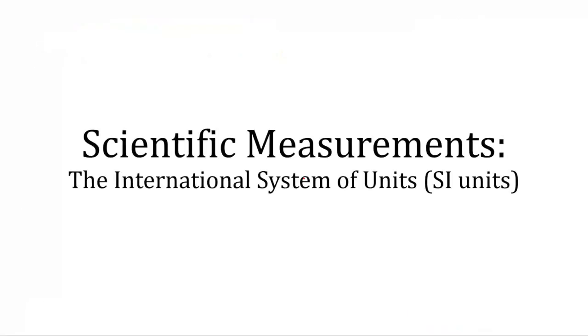All right, we're going to end here talking about scientific measurements. And what we use to collect data is the International System of Units, or SI units. And to understand why this is important, it would be really frustrating if you were trying to work with researchers in other parts of the world that were all using their own system of measurements.